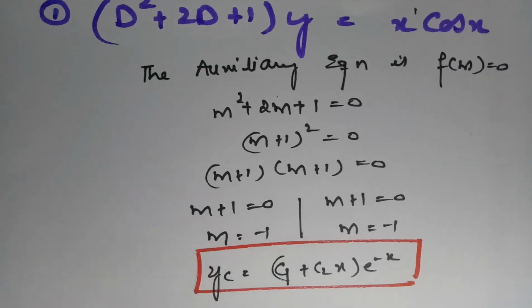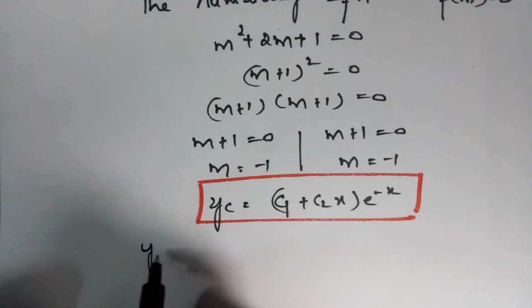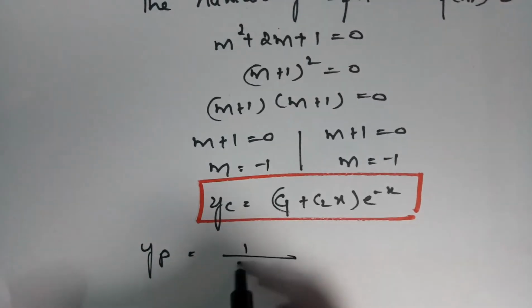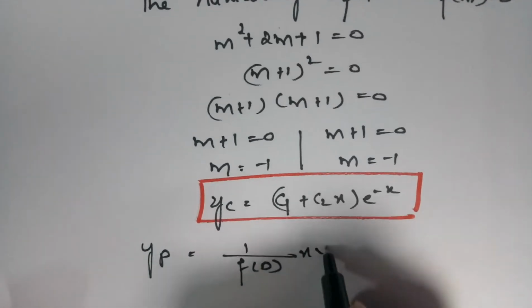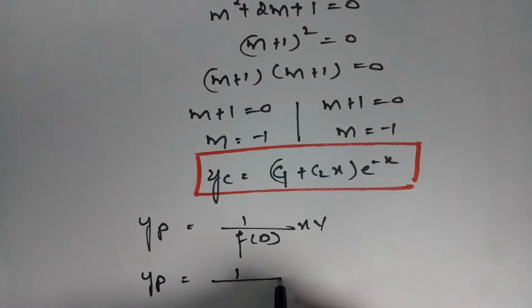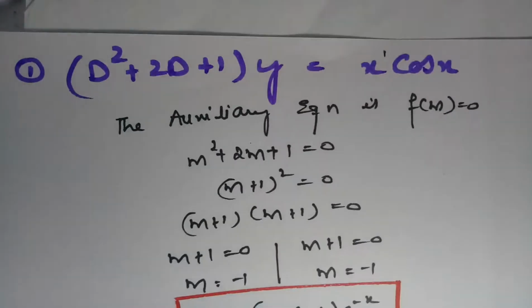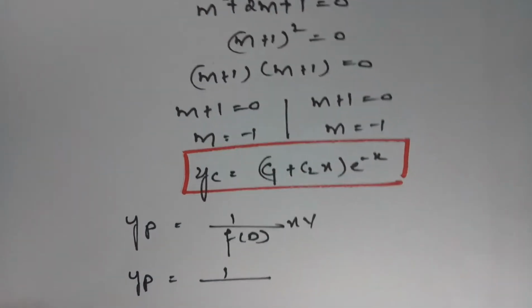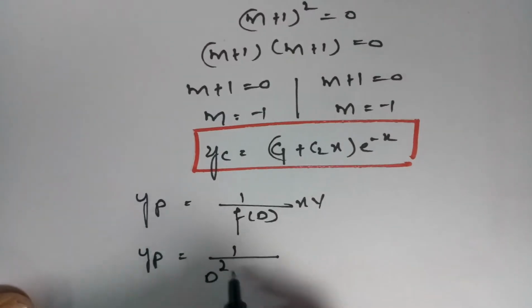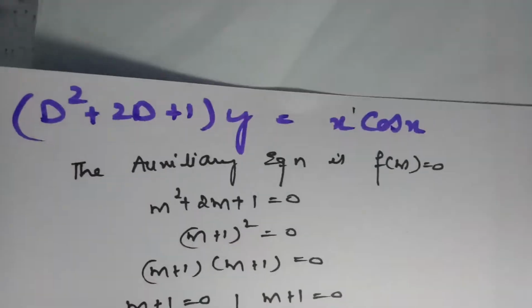Then how to find the particular integral? So yp is equal to 1 by f of D into x v. This is the question form. yp is equal to 1 by, what is f of D here? f of D is nothing but D square plus 2D plus 1, into, what is v here?